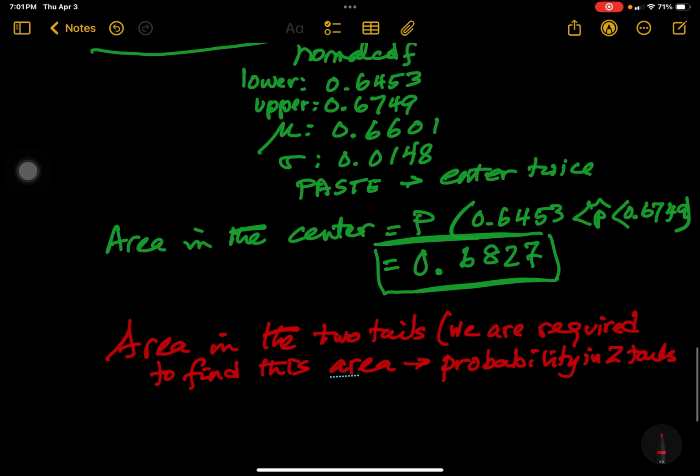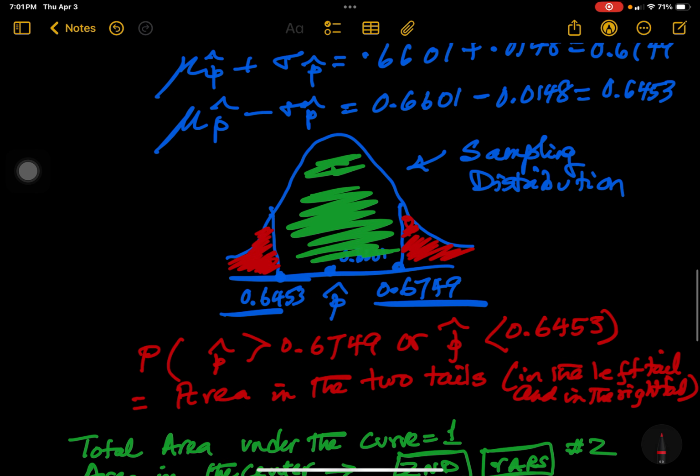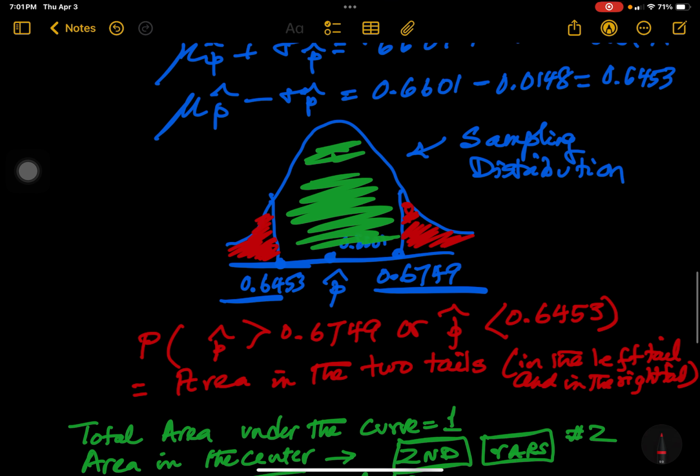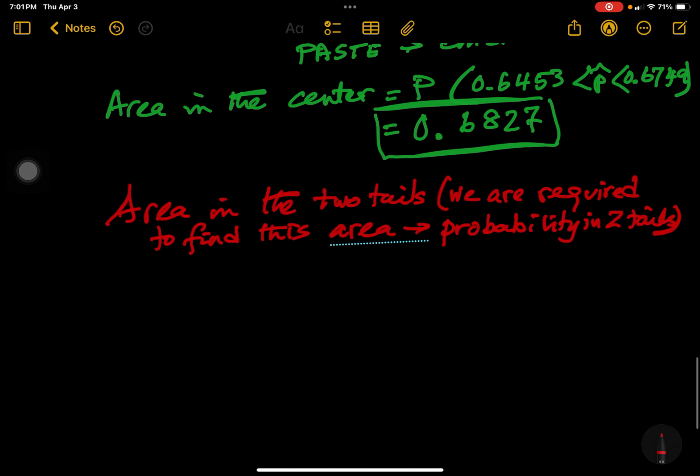So if you look at my original picture, notice it is the area to the left of 0.6453 and to the right of 0.6749. And that will be equal to the total area minus the area in the center.